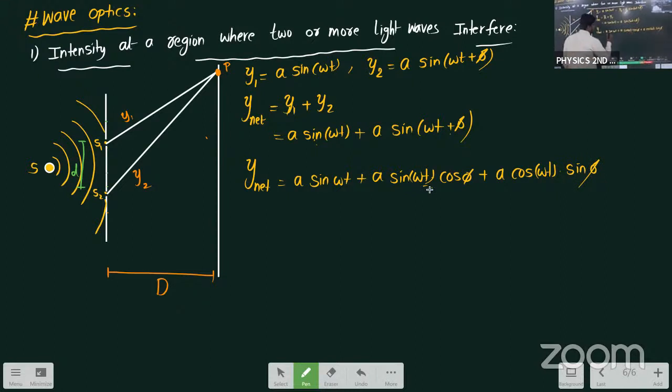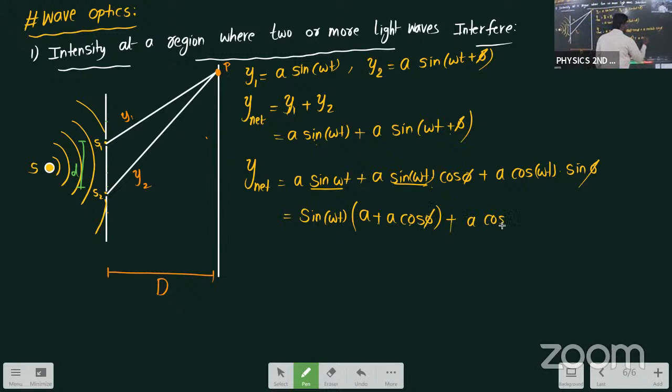So see here, we have sin omega t here and sin omega t here. I can take sin omega t common. This will become sin omega t of a plus a cos phi, plus we are left with a cos omega t into sin phi. Here I am considering two conditions. You are supposed to remember these two conditions.